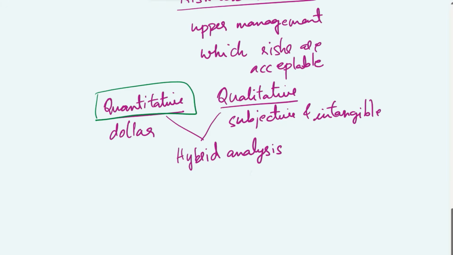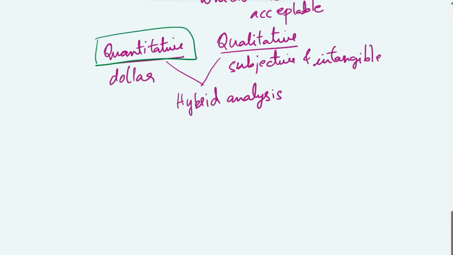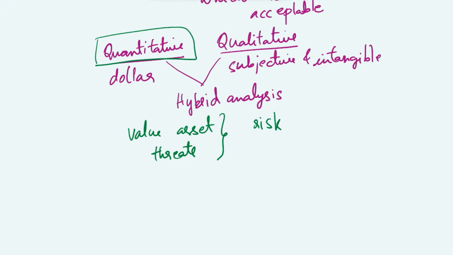The process of quantitative risk analysis begins with assessing the value of the asset and then identifying threats. Once we know the asset value and identified all the threats, the next step is to estimate the potential and frequency of each risk. And then this information is utilized to calculate various cost functions for evaluating safeguards.